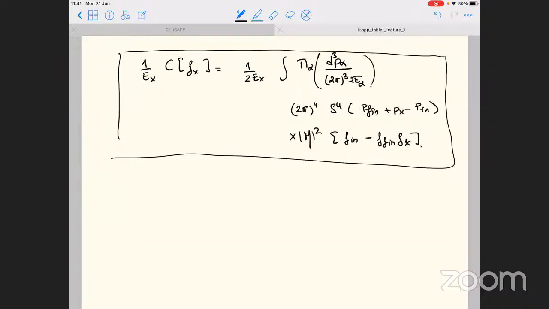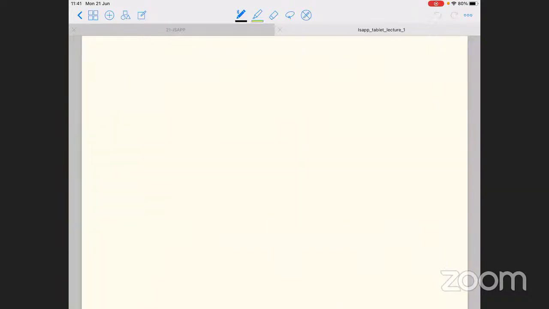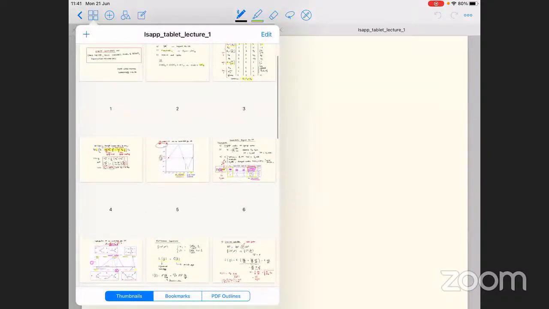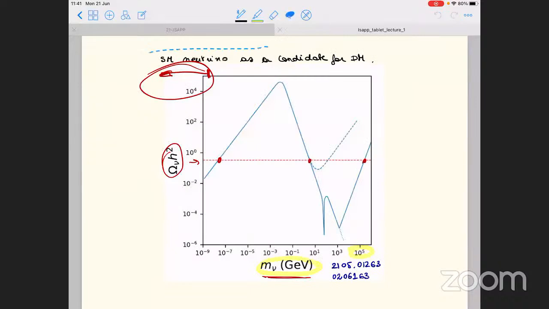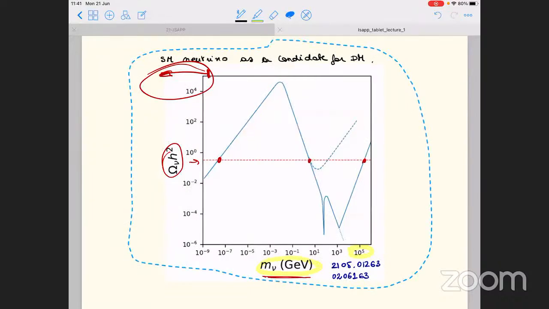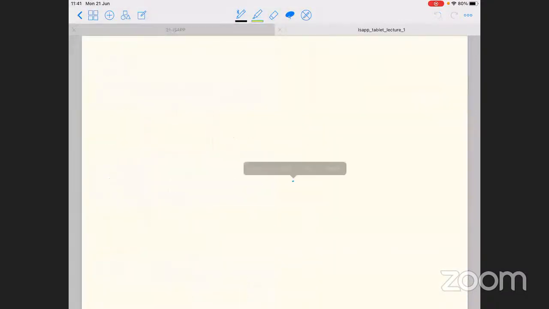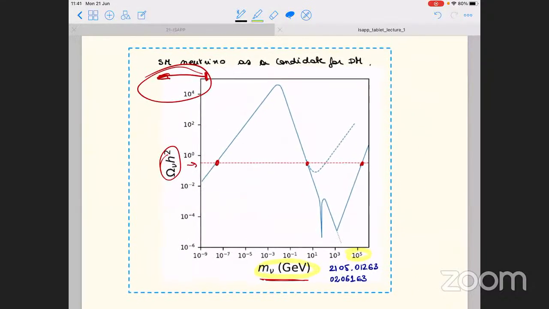Okay, good. So now I can go to the freeze out mechanism. Let me go back to the picture of the neutrino. For a moment, we are just going to consider essentially the neutrino. So I copy this and I just go back to this picture.